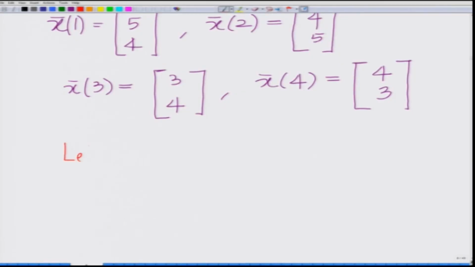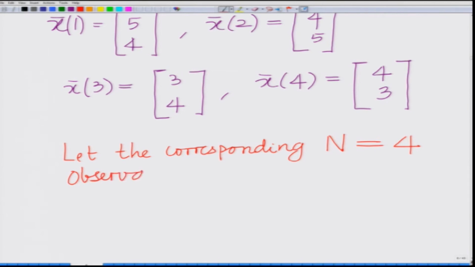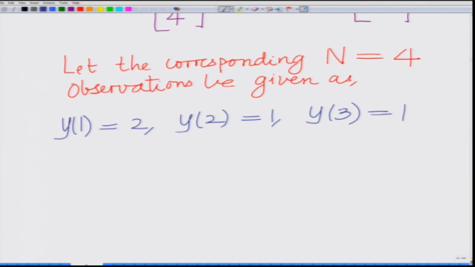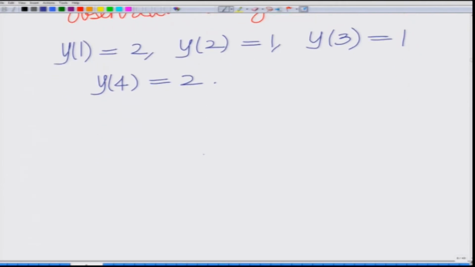Let the corresponding n equal to 4 observations be given as y1 equals 2, y2 equals 1, y3 equals 1, y4 equals 2.